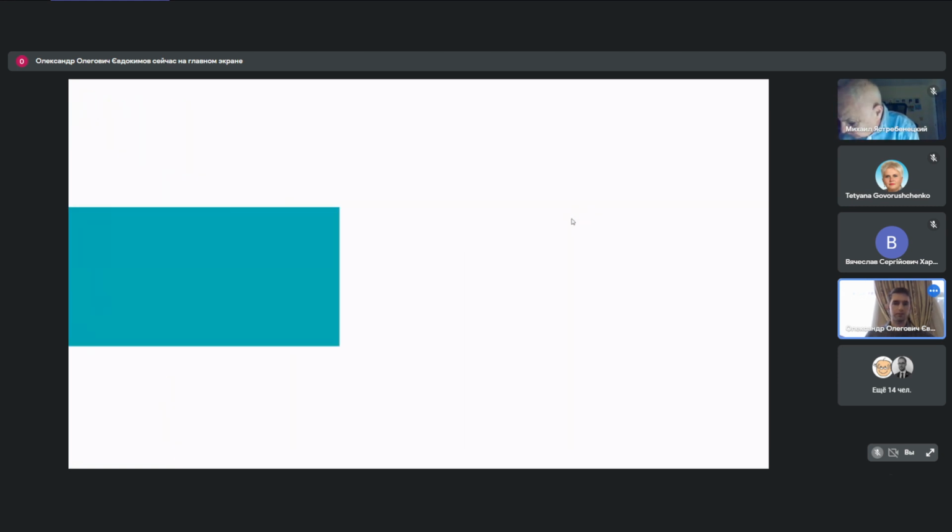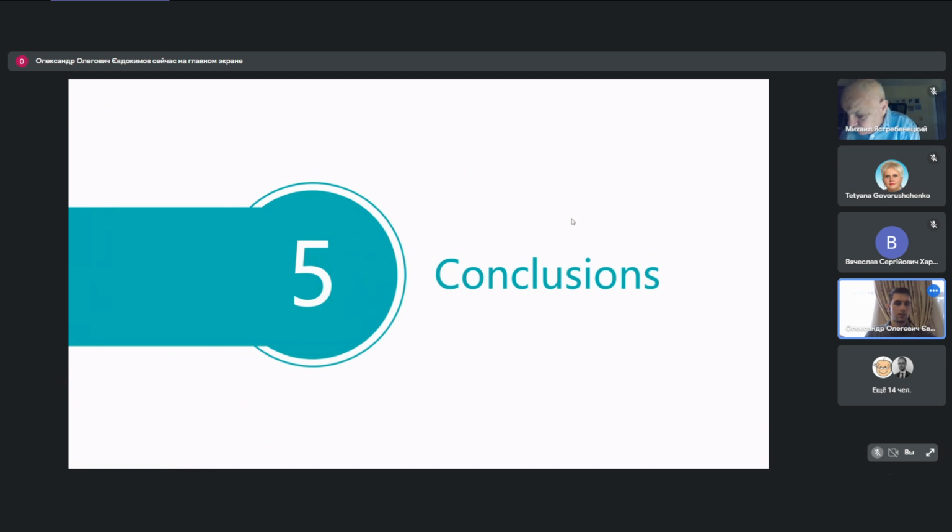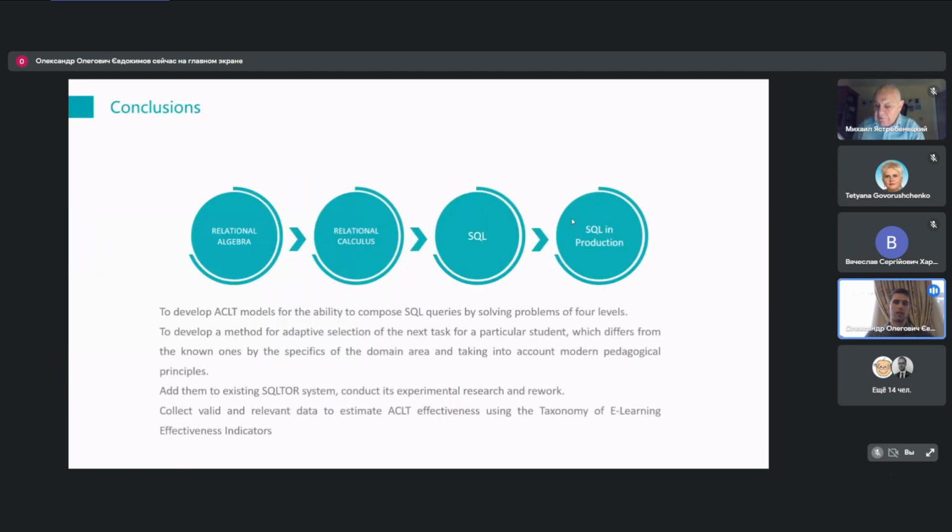Conclusions. Based on the analysis of existing adaptive computer learning technologies for teaching professional skills in various domain areas in terms of their function and pedagogical principles embedded in them, as well as the analysis of known systems for teaching SQL queries, the relevant scientific tasks of developing and adapting computer technology for learning SQL are formulated.